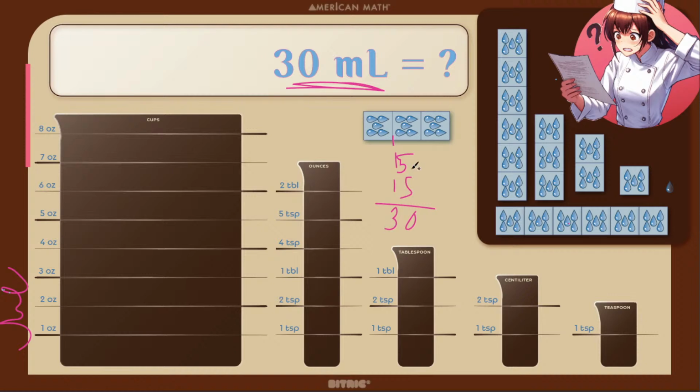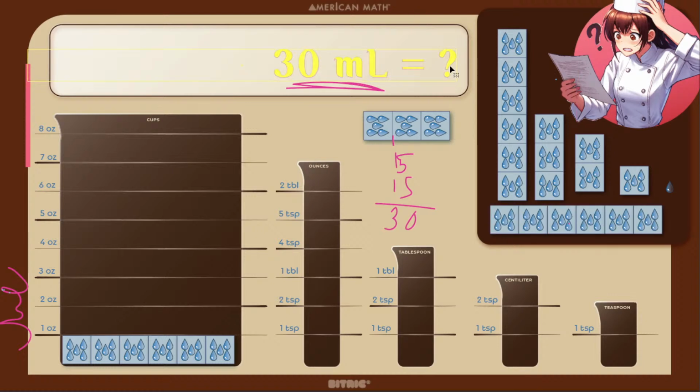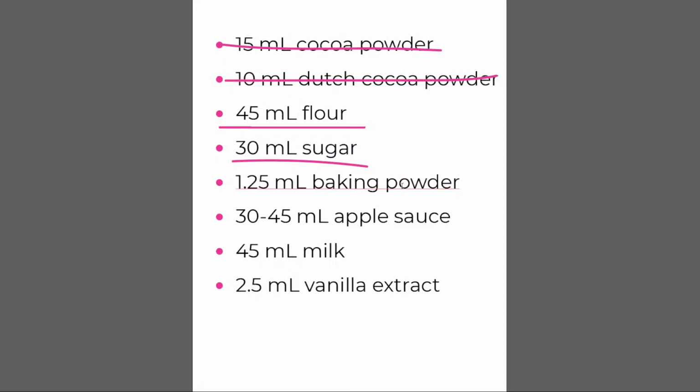So that's 2 tablespoons, and 2 tablespoons make up an ounce. An ounce would be 30 milliliters or 1/8 of a cup. But we don't have an ounce, so instead it would be 2 tablespoons. Got it: 30 milliliters is 2 tablespoons.